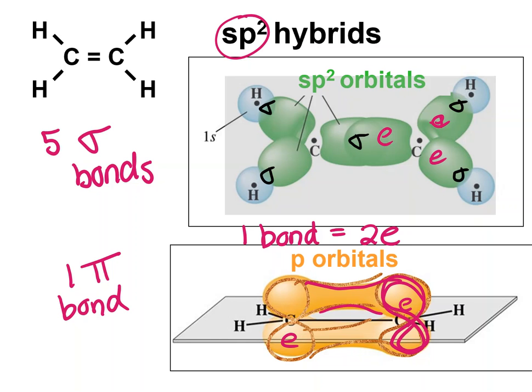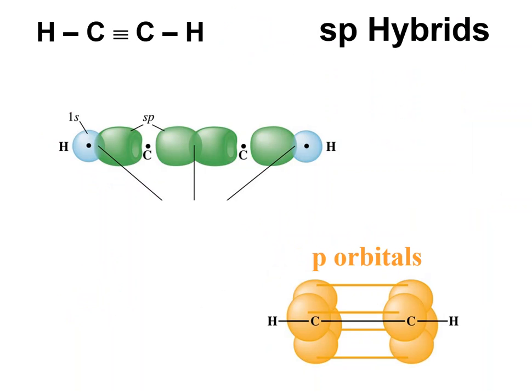This is 1 orbital, and actually it kind of connects. But anyway, let's look at our other one. This is our sp hybrid. This is ethyne, otherwise known as acetylene gas. It's used in welding. Again, our green ones are the hybrid, and so we have a sigma bond there, there, there.